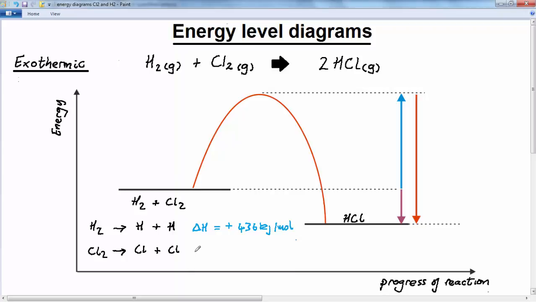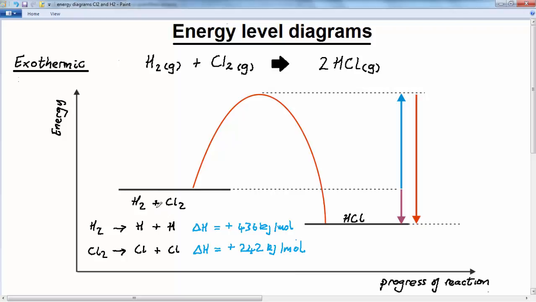And in the case of the chlorine molecule, less energy is involved. The energy required to break this bond is 242 kilojoules per mole. So I've written the plus sign in here to emphasize that these are endothermic processes.